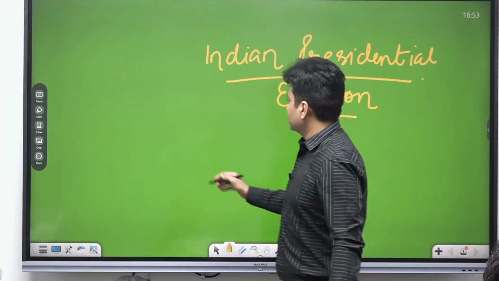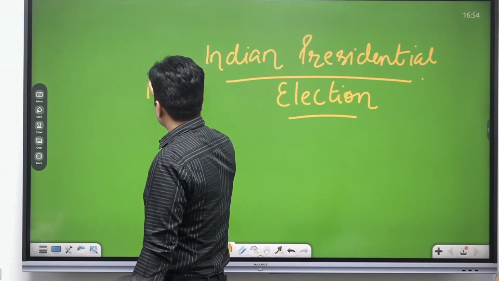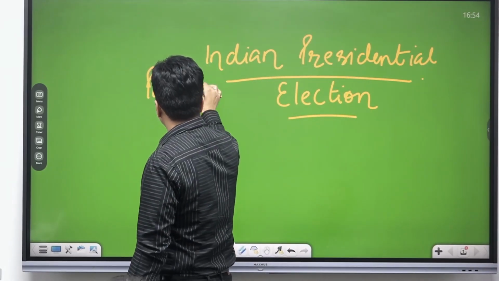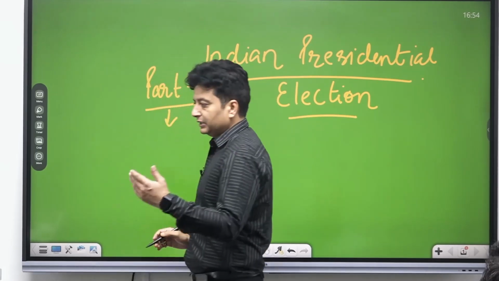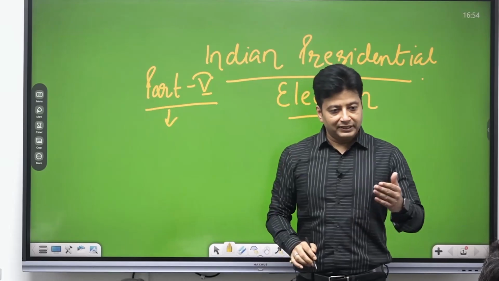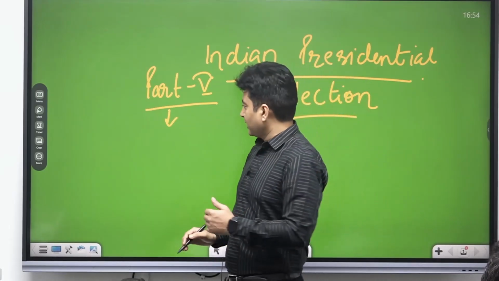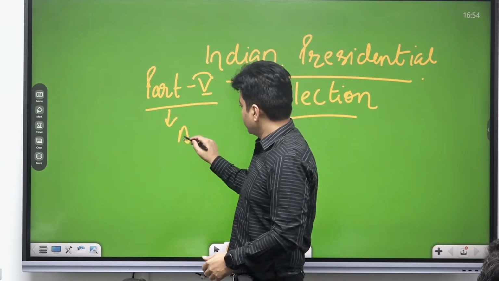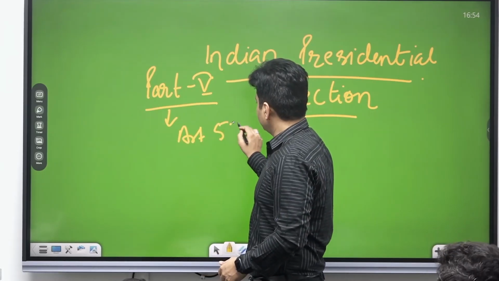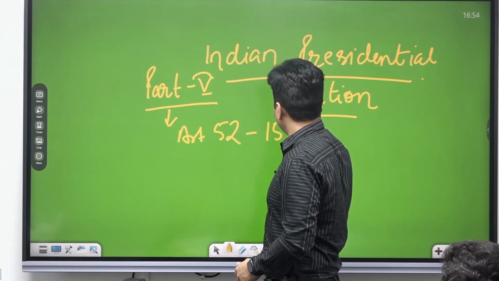So you know that Part 5 is there in the constitution, right? And Part 5 is about the union legislature, union executive, right? And it goes from Article 52 to Article 151.